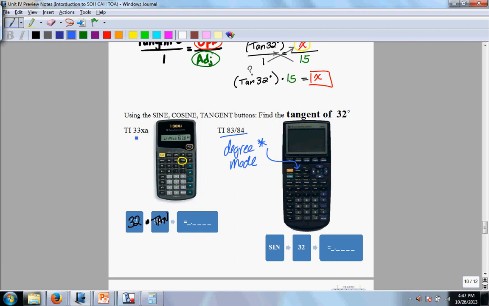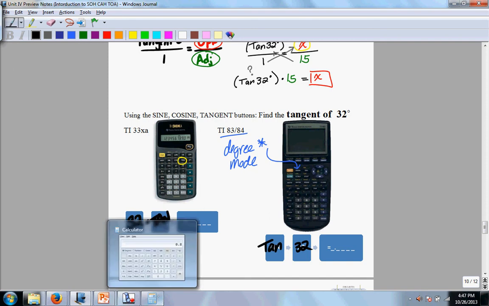Degree mode is default in the TI 30. Once you have it in degree mode, you're going to do, on your calculator, tan, then 32, and you're going to get the decimal. So this one's 32 tan. The other one is tan 32.